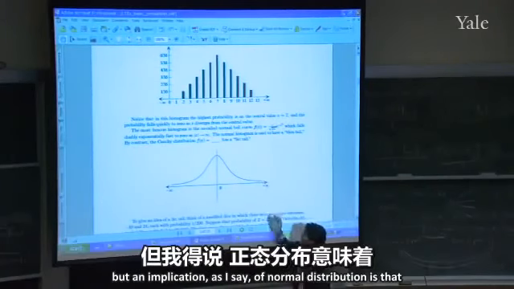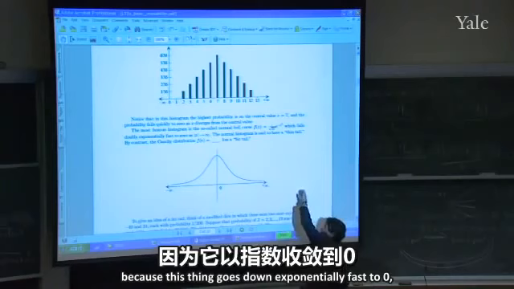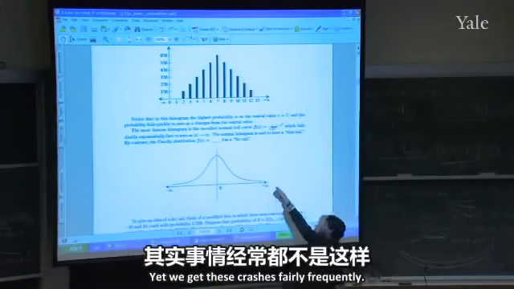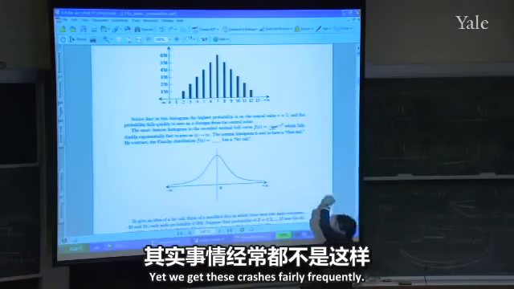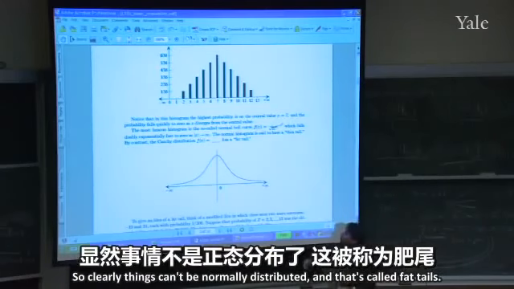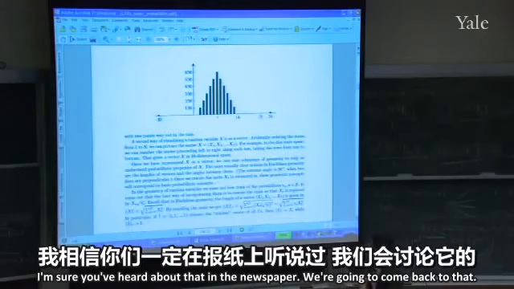But an implication of the normal distribution is that it's very unlikely something extreme is going to happen, because it goes down exponentially fast to 0. You're almost never going to see something way out here. Yet we get these crashes fairly frequently, every 10, 20, or 30 years, some gigantic outlier. So clearly things can't be normally distributed, and that's called fat tails. I'm sure you've heard about that in the newspaper, and we're going to come back to that.